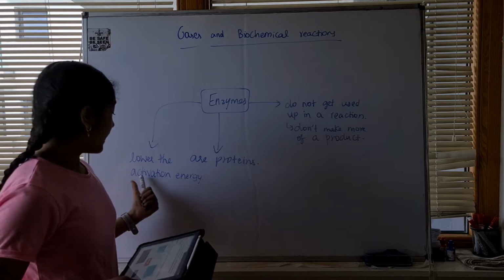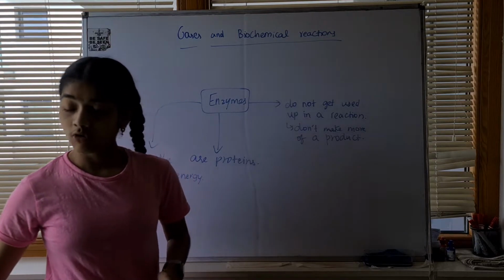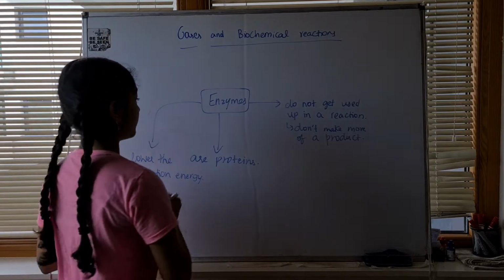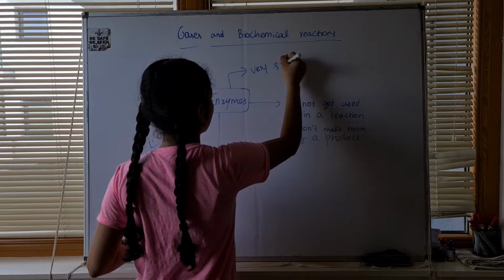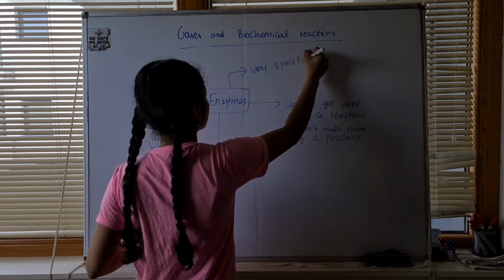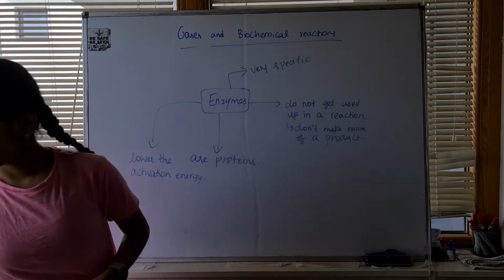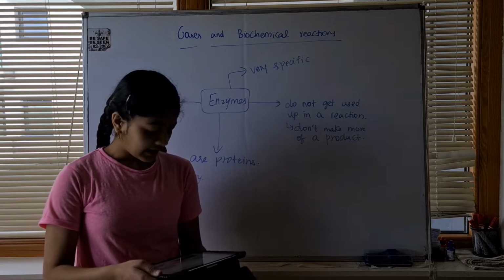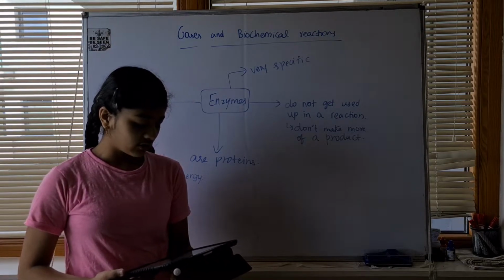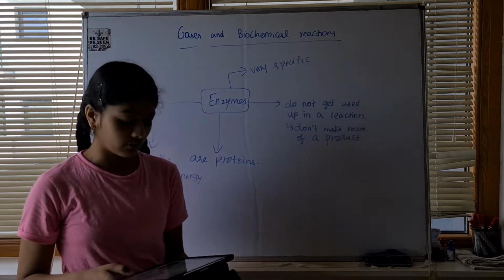Also, they're very specific. Certain types of enzymes work for only certain types of chemical reactions. So these are very specific to the reaction they are needed for. They speed up the same reaction over and over again, and because they do not get used up in a reaction, they can be used over and over again.